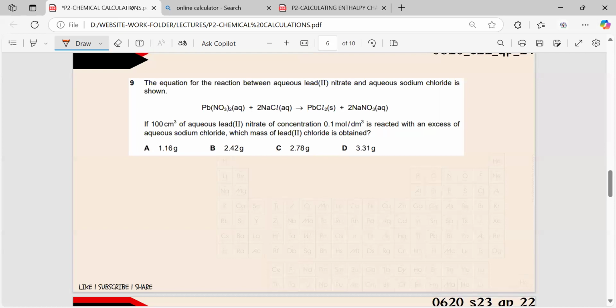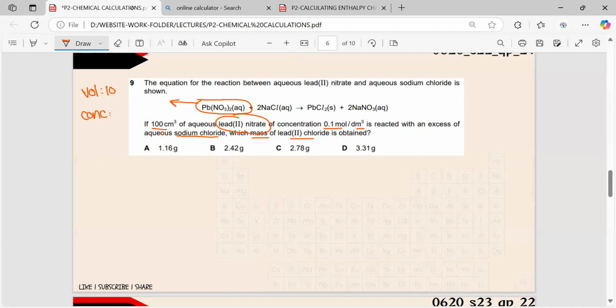If 100 centimeter cube of lead nitrate of concentration 0.1 mole per decimeter cube is reacted with an excess of sodium chloride, what mass of lead chloride is obtained? So this is lead nitrate, and they have given us the volume and concentration of lead nitrate.